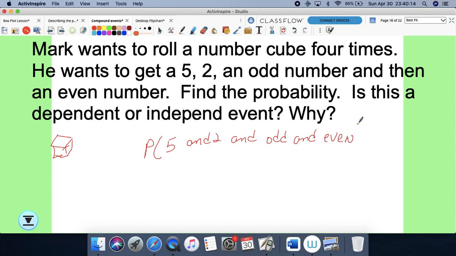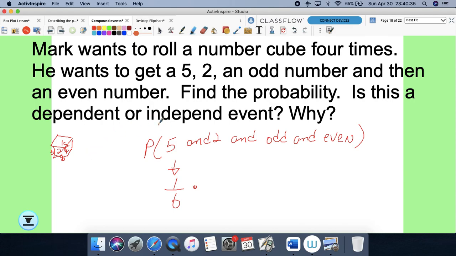Is this dependent or independent? Well, what's the probability of getting a 5 here? Remember, there's 1, 2, 3, 4, 5, 6. The probability of getting a 5 is 1 over 6. Now, when I go back, is the number 5 gone? No, it's not. The die is not going to change, right?